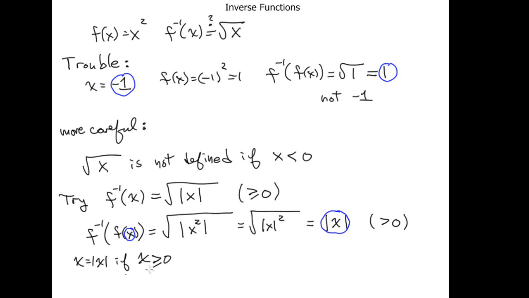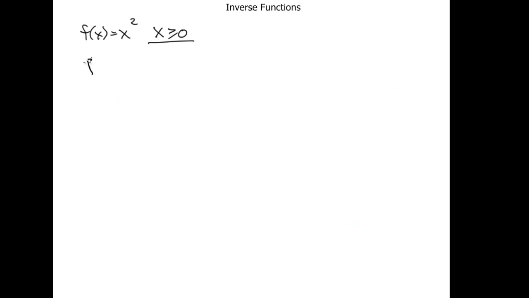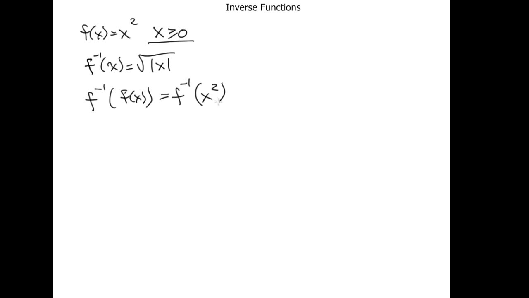So that's a condition. x is equal to the absolute value of x if x is greater than or equal to 0. So let's restrict the domain to the x's which are greater than or equal to 0 and define f inverse of x to be the square root of x. I don't really need the absolute value here because x is positive. Then f inverse of f of x, again the same calculation, is the square root of the absolute value of x squared, and you get the absolute value of x.